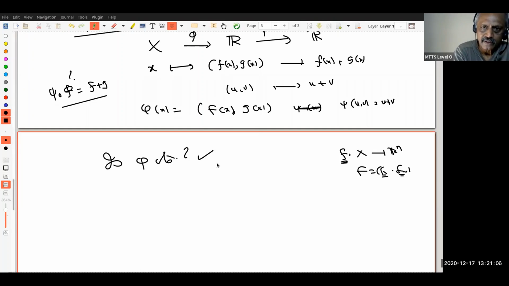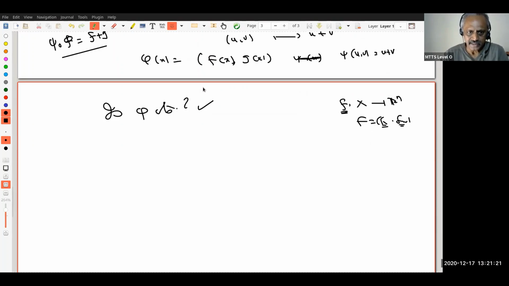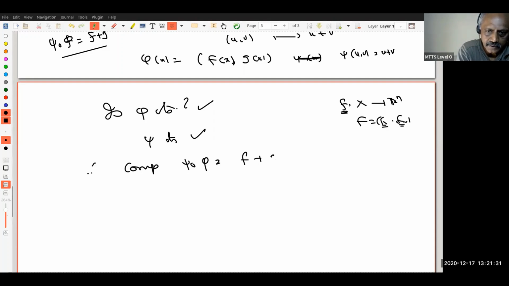Now we had also seen that from Rn to R, addition, multiplication, etc. are continuous. Do you remember that? That was in the first lecture itself on continuity on Rn to R. And xi is also continuous. Therefore, the composite, which is equal to f plus g, is continuous.